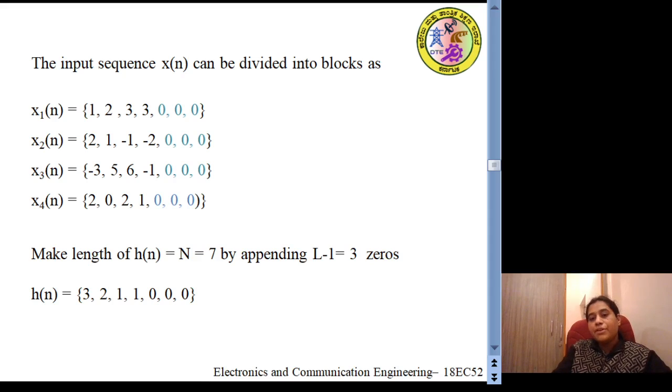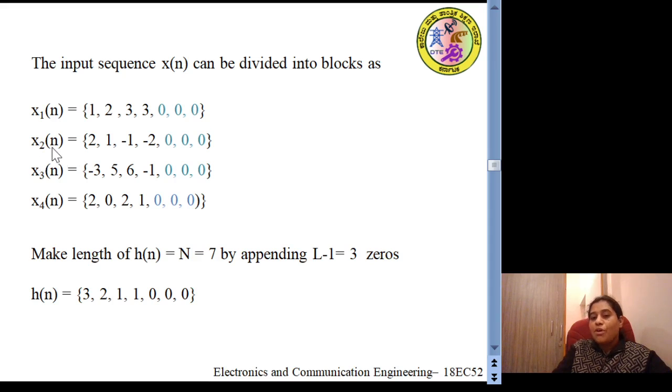We can observe here the value of L is 4. So 4 samples of x of n, appended with M minus 1. The value of M is 4, 4 minus 1, that is 3 zeros. These 3 zeros are appended zeros, such that the length is 7. The value of capital N is 7.